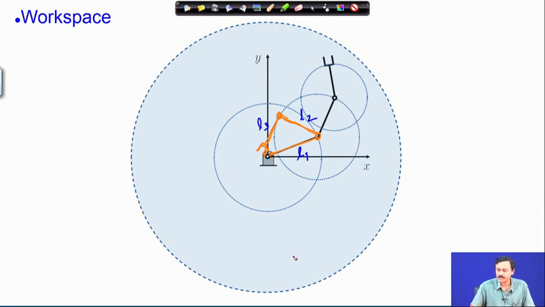So, that is the workspace for the 3R manipulator. There is another restriction, that is on the joint angles. If they have limits, then also the workspace gets restricted or reduced.